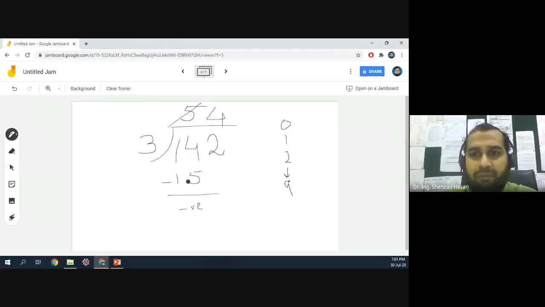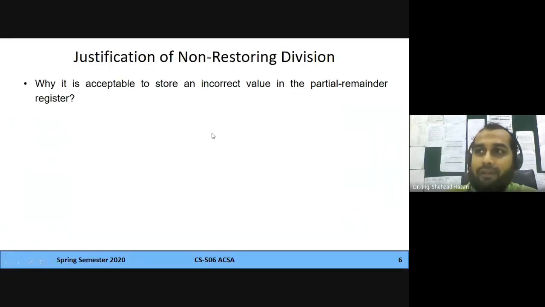We subtracted 15 and got an answer of -1. So we are saying we can leave it with -1 and carry on with 2, and then do a combination of that and make up with a second step, right? So this is something that we are going to see how it's done.